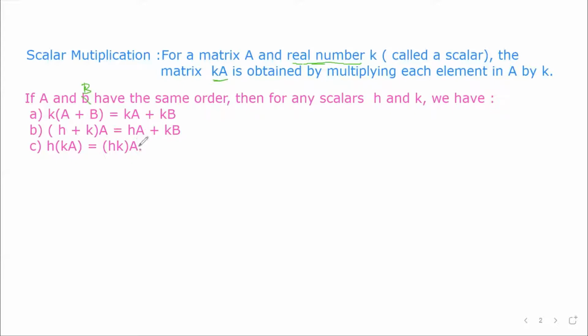For example, let me give an example to show the meaning here. Say matrix A equals 2, 3, -1, 5, something like this.